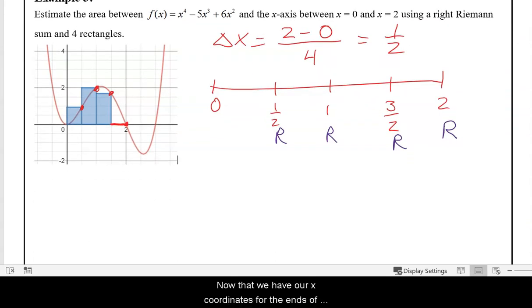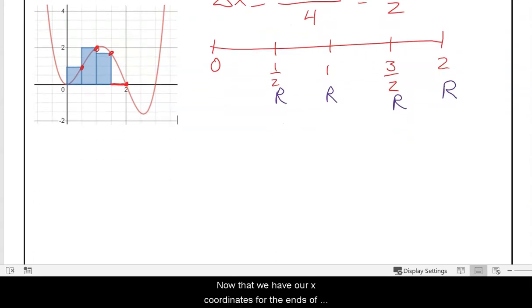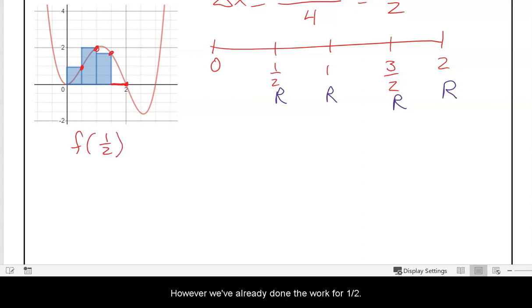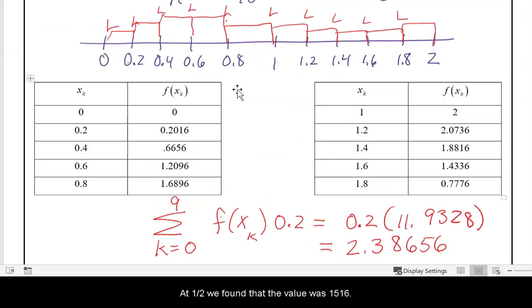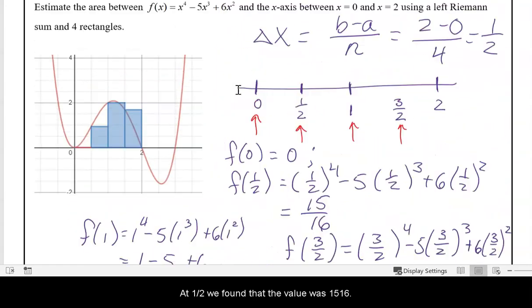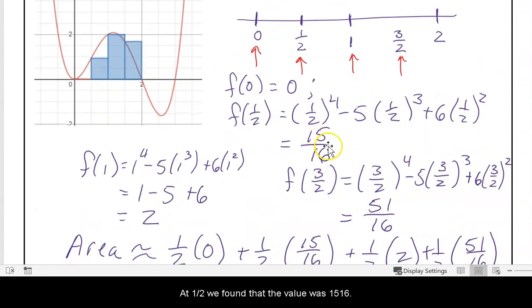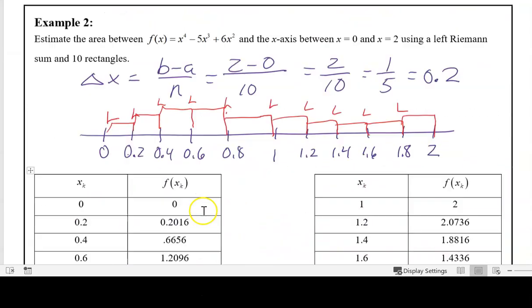Now that we have our x coordinates for the ends of the boxes, we need to compute the y values at those right endpoints. However, we've already done the work for 1/2, for 1, and for 3/2. The only one that is new to us is at 2. Let's take a look up above and see if we can remember what those values were. At 1/2, we found that the value was 15/16, and at 1, the value was 2.